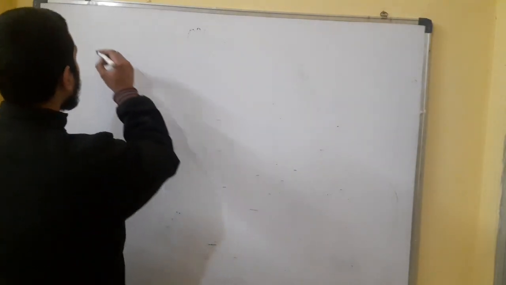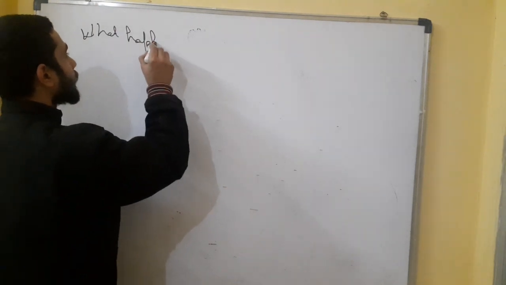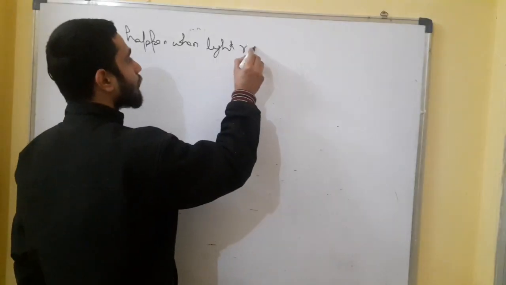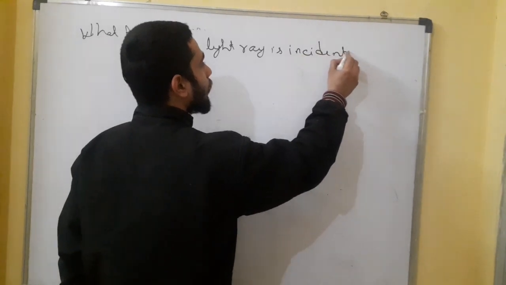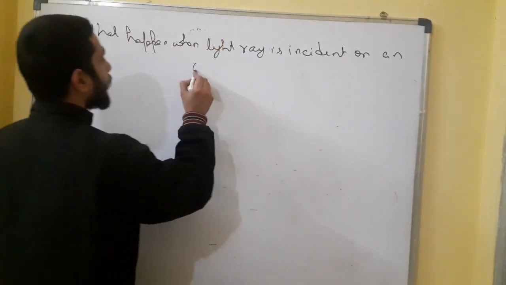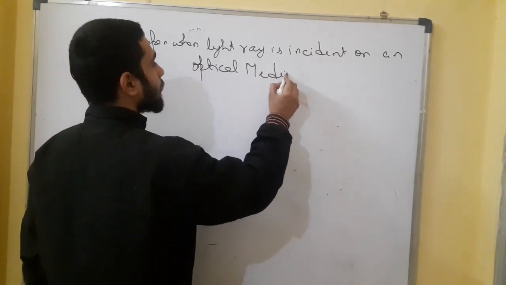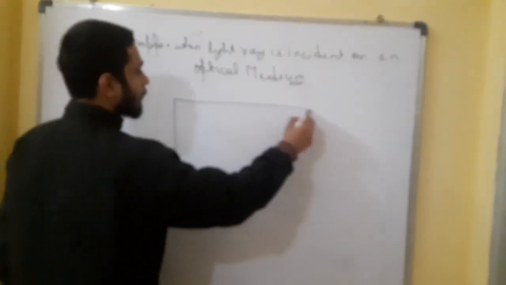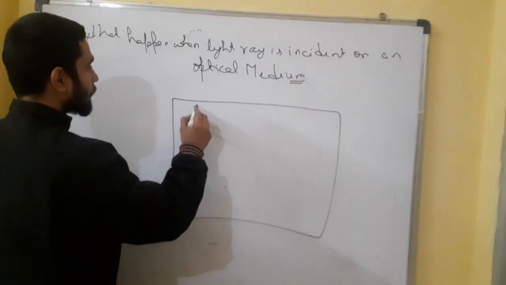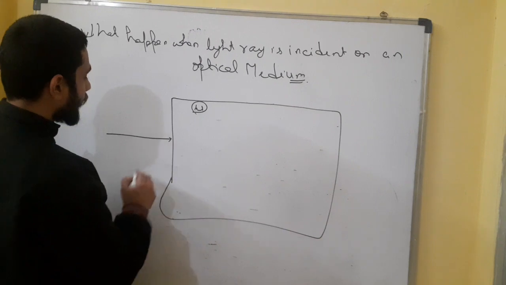Our topic is what happens when a light ray is incident on an optical medium. So suppose this is an optical medium with refractive index mu and a light ray is incident on it.